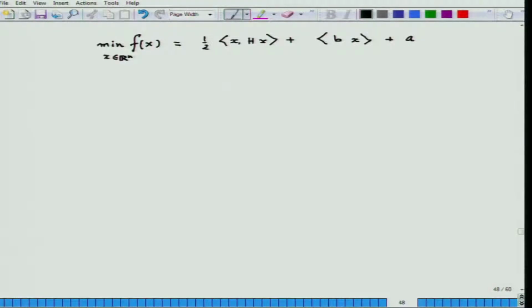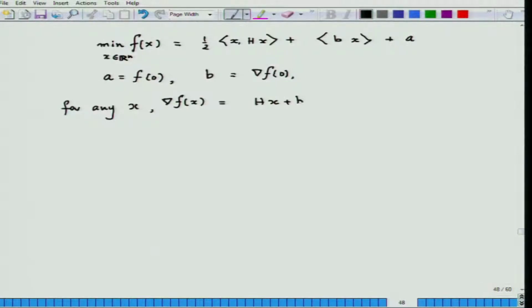Now, of course, a is nothing but f(0), and b is nothing but the gradient of f at 0, because for any x, the gradient of f at x is nothing but Hx plus b.